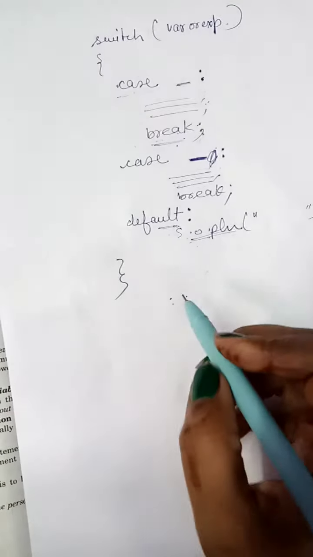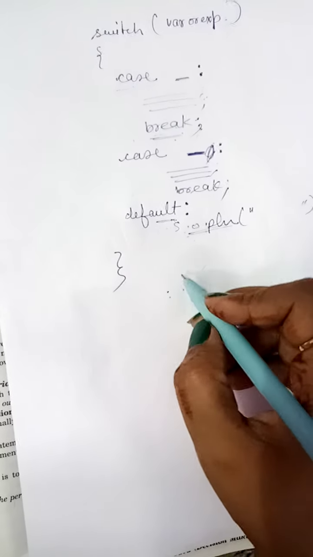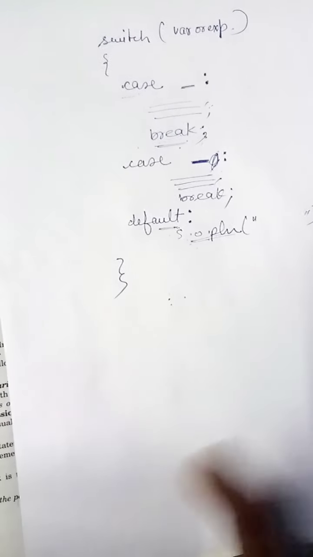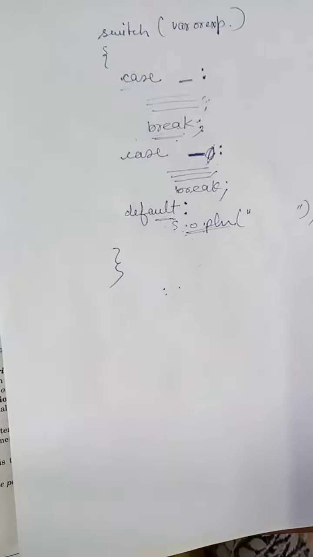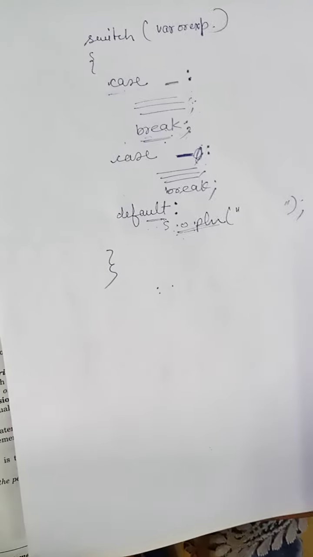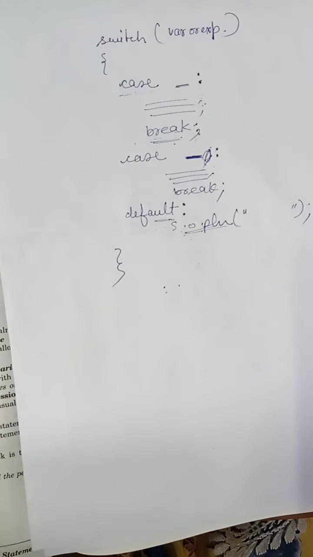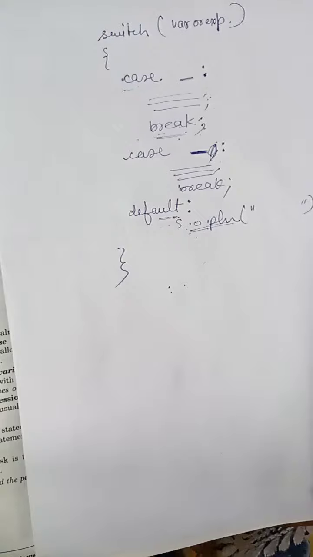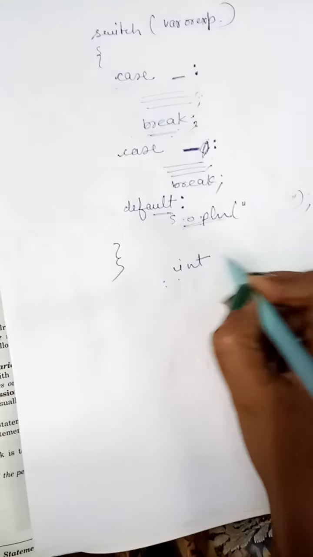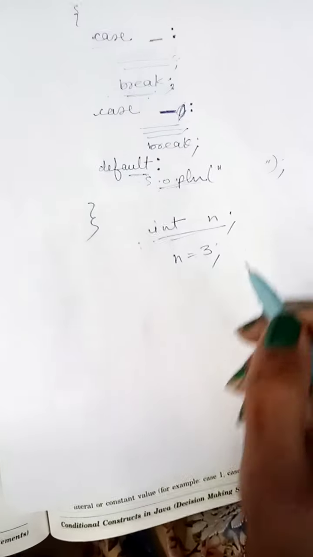Now we will practice switch using an example. The previous program we did with the if-else-if ladder: suppose I give you a day number and you have to write down the corresponding day name. Suppose the day number is within variable n, say 3.